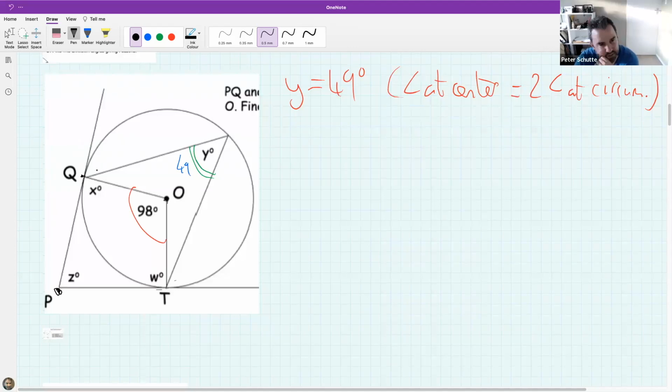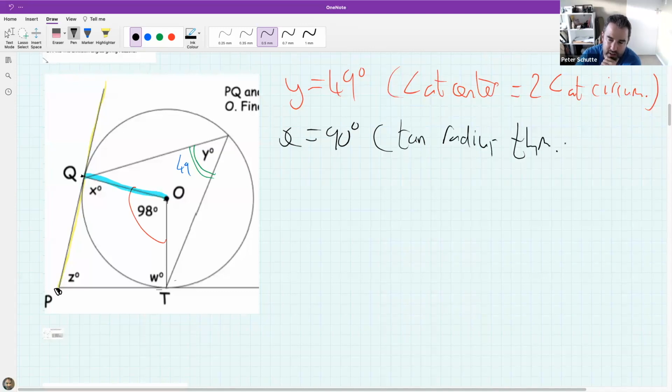So why would X be 41? I don't think X is 41, but I see quite a few students do. I think that this is a tangent, and a tangent that meets a radius, we know a theorem to do with that. We know that X is 90 because of the tan radius theorem.